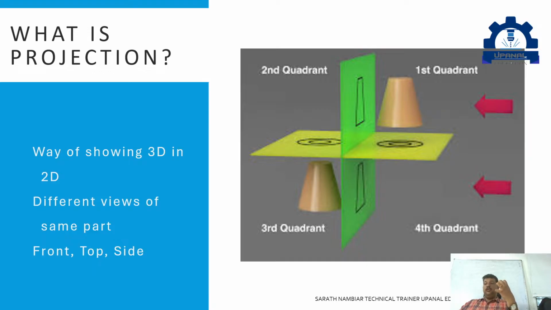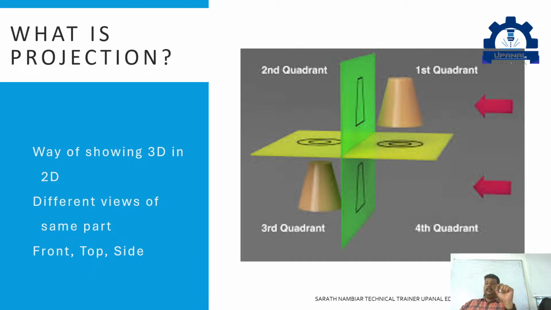We'll have different views. What are the views? Front view, top view, side view. Each view shows one face of the same part. Like if I give you a box and ask you to draw it, you will draw how it looks on the front, then how it looks on the top, then how it looks on the side.